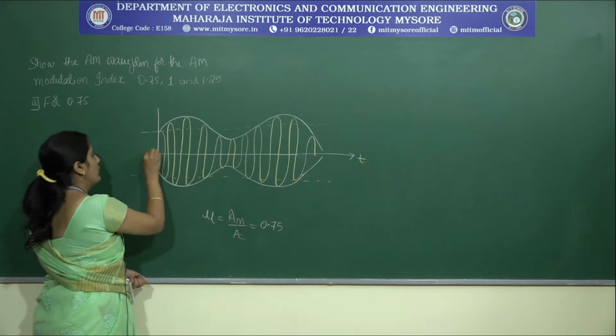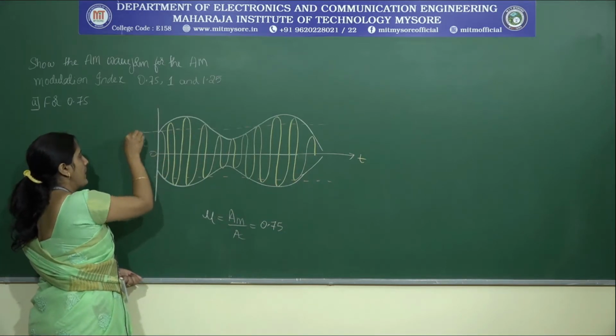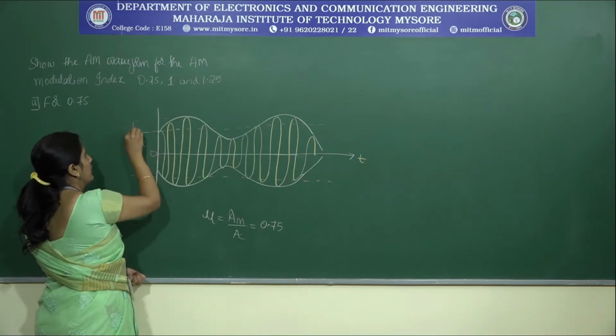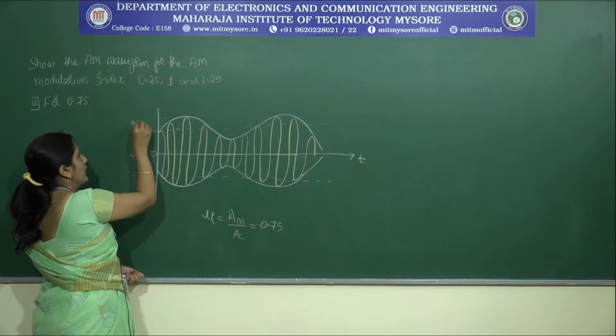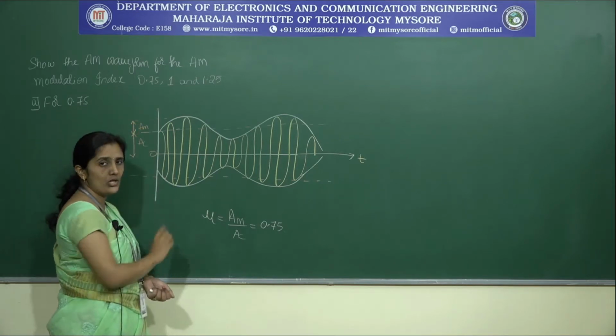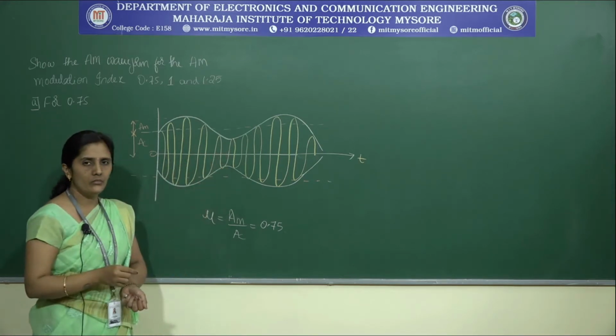From 0, this is your AC, and this much is your AM. So whenever we have the modulation index 0.75, we are going to get the waveform like this.